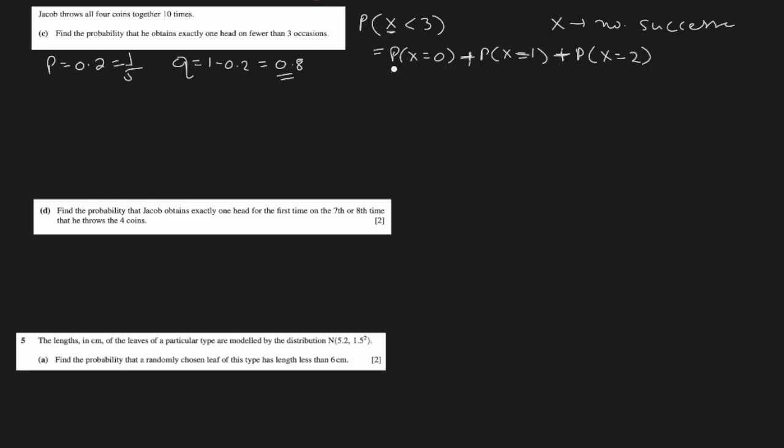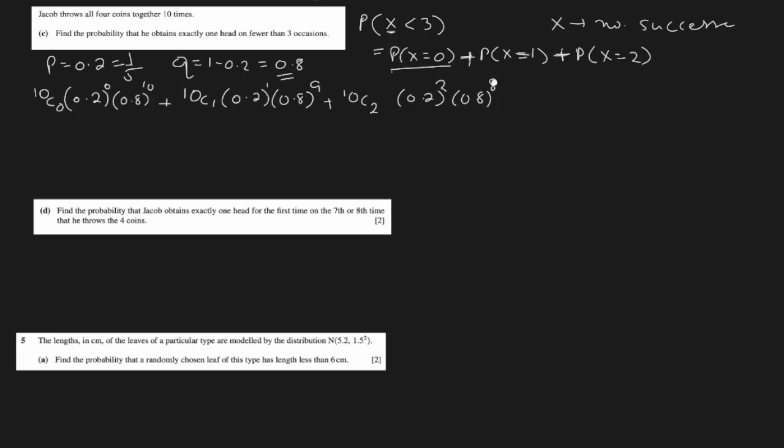So let's write what is the probability of 0. We'll use binomial distribution in this because 0 can be any one of the 10 attempts. So 10C0 success to the power 0 and failure, all 10 are failure, plus 10C1 0.2 to the power 1, 0.8 to the power 9, plus 10C2 0.2 to the power 2, 0.8 to the power 8.